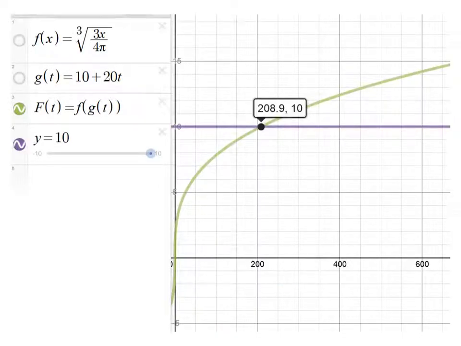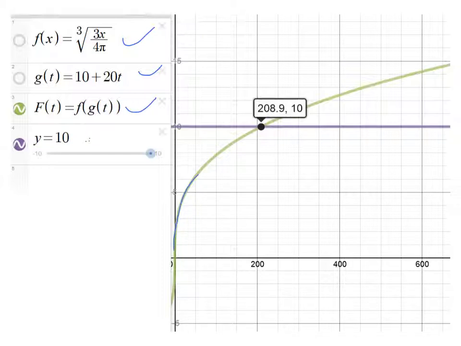We can also solve this graphically, and I did this at desmos.com. I defined the two functions, then graphed the composite function, that's this green graph, and I had to change my scale.